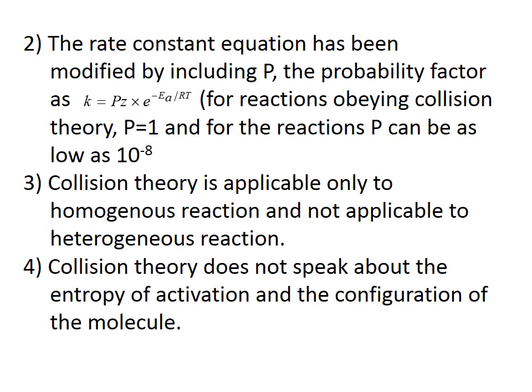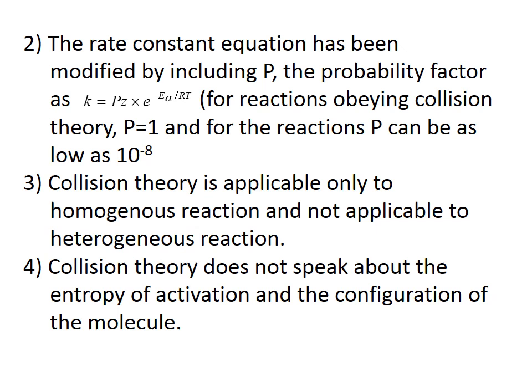Two: the rate constant equation has been modified by including a probability factor P. Therefore, the rate constant K will be equal to P into Z into e power of minus EA by RT. For reactions obeying the collision theory, the value of P equals 1. For other reactions, the value of P will be equal to 10 to the power of minus 8.